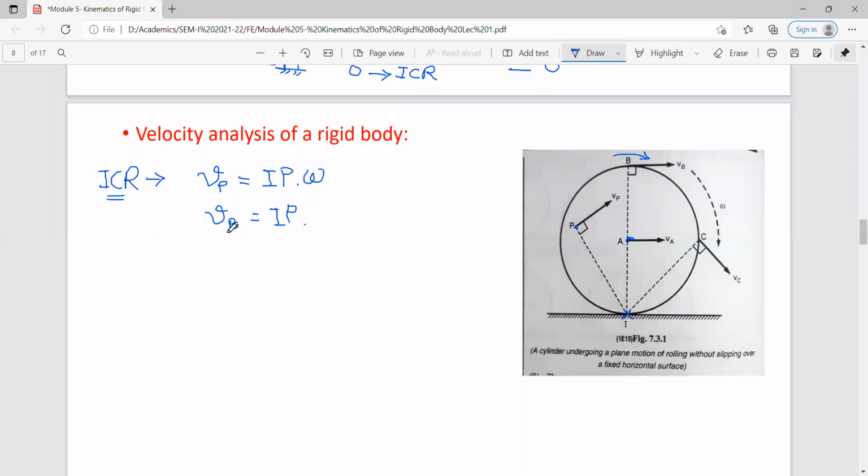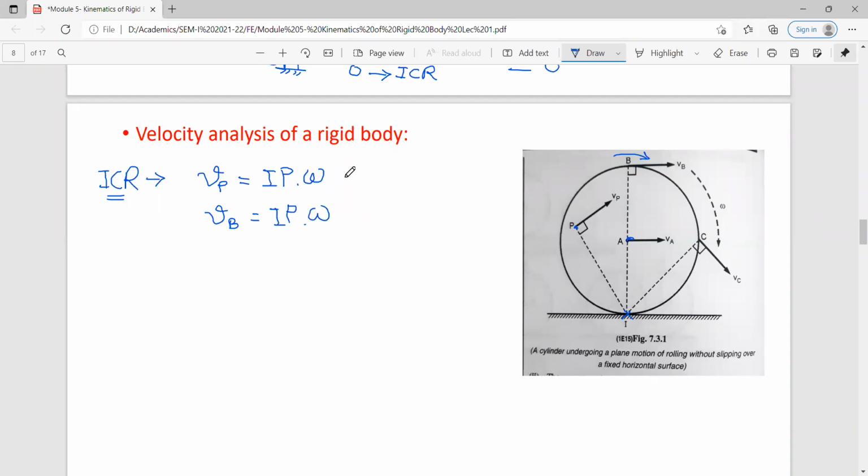And as point B is also on the same cylinder, whatever is the angular velocity of the cylinder, the same will be the angular velocity of point B. So that is omega.